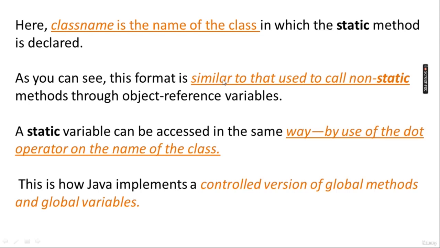This is how Java implements a controlled version of global methods and global variables. Whatever global methods and global variables are built into the Java class library, they are declared as static, which controls the operation of those global methods and variables.